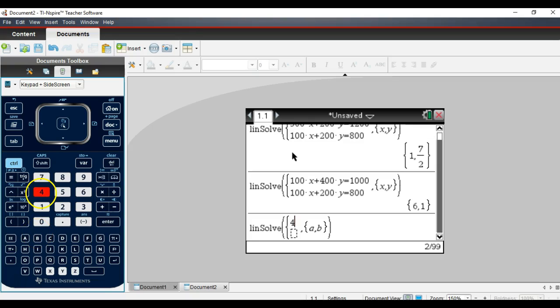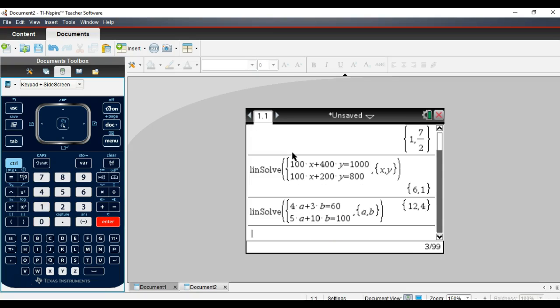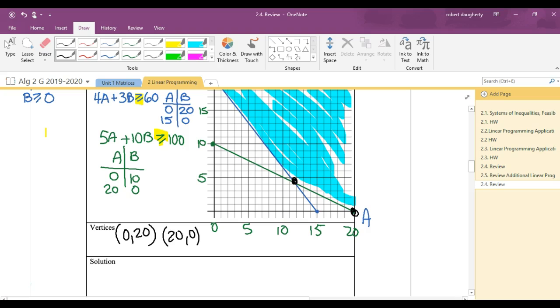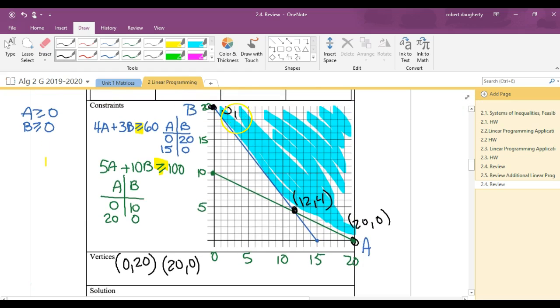And so I've got 4A plus 3B equals 60, and 5A plus 10B equals 100, and hit enter, and I get 12, 4 coming back as the answer. So my graph was almost close enough, but not quite. So this is 12, 4, and that's what, 20, 0. And then up here was 0, 20.